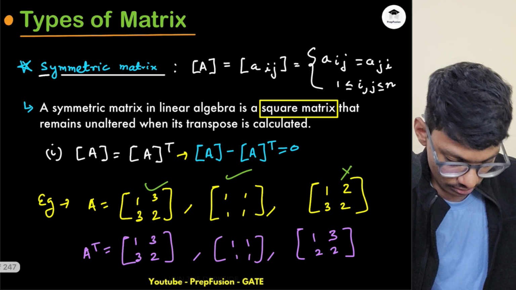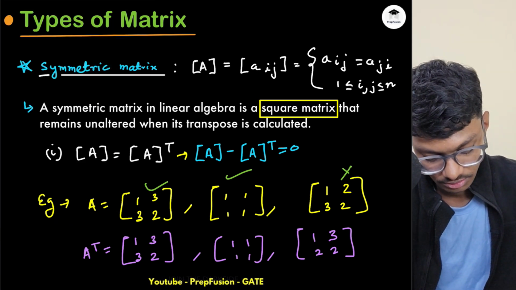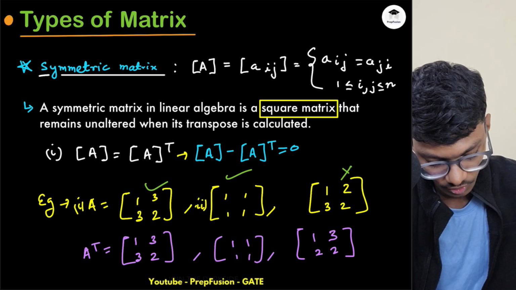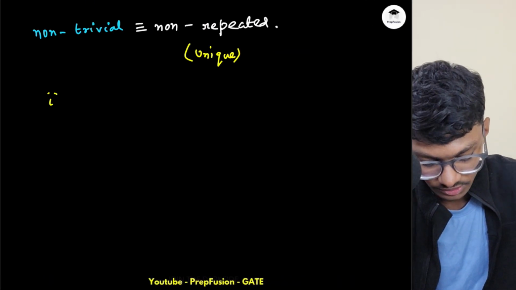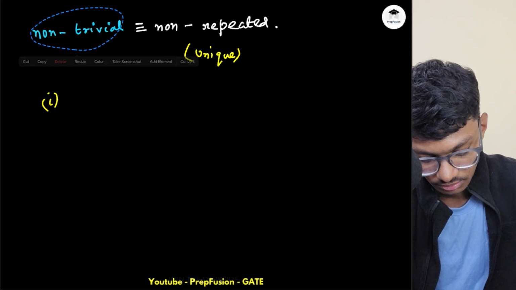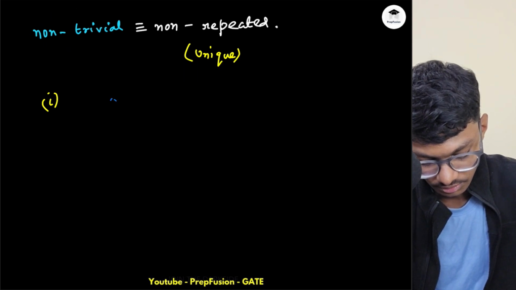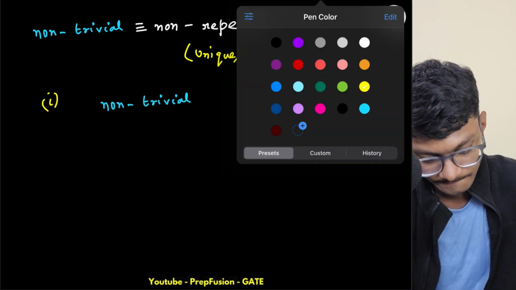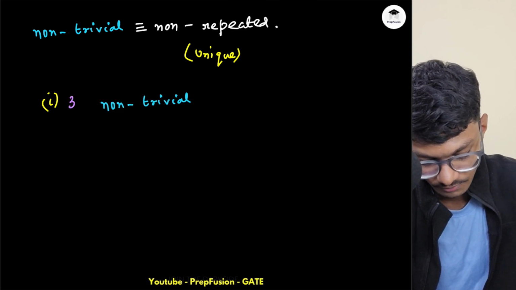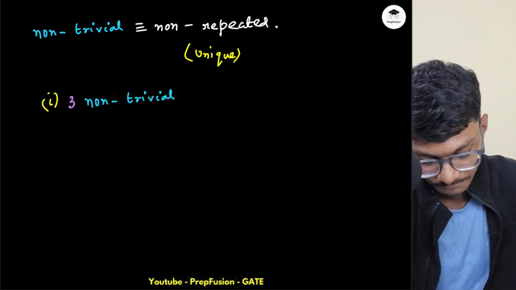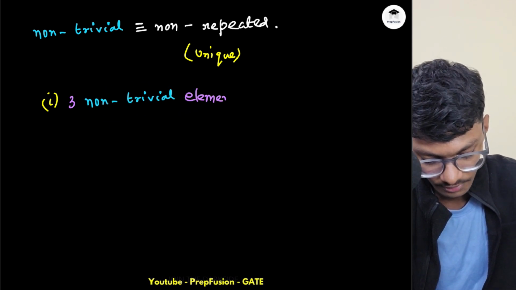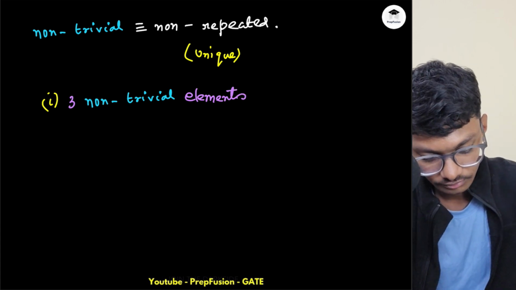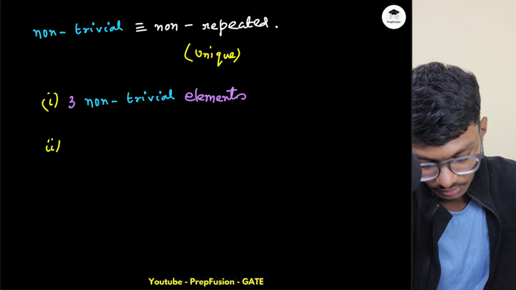Let me name this case 1, case 2, because I have 2 symmetric matrices only. For case 1 I have 3 non-trivial elements. In case 2, how many do I have?